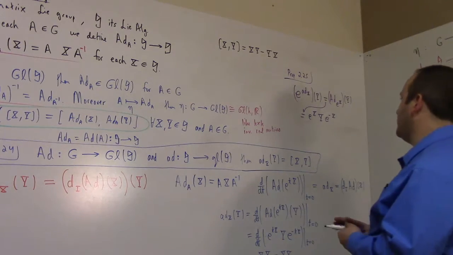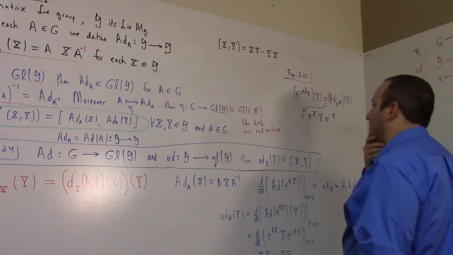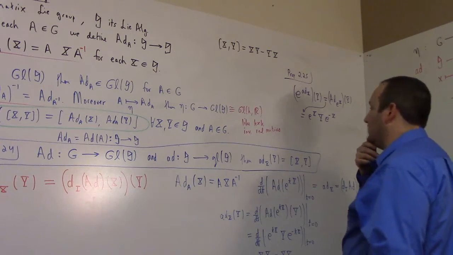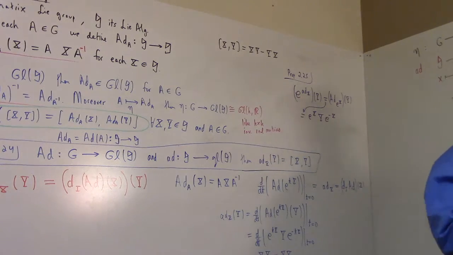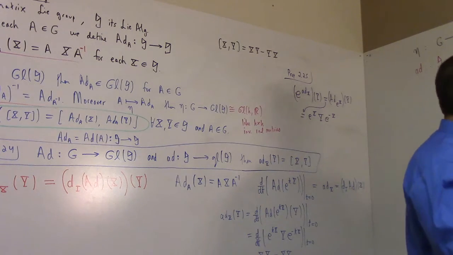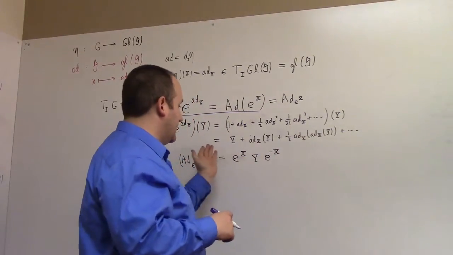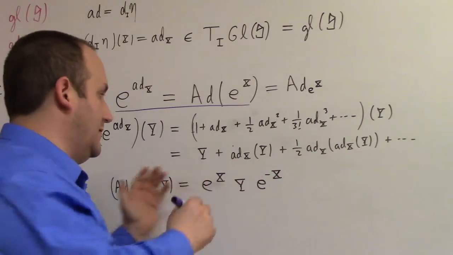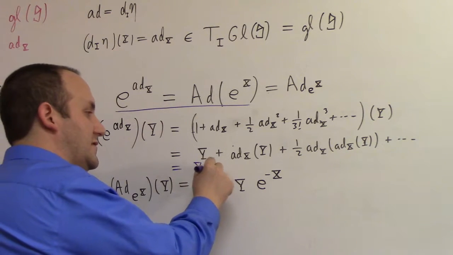Proposition 2.24 means that this can be rewritten how? What does proposition 2.24 say about this infinite series right here? What does it change it to? The commutator. Right, commutators.